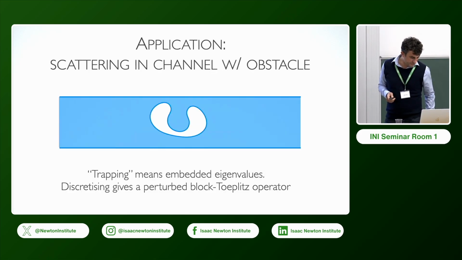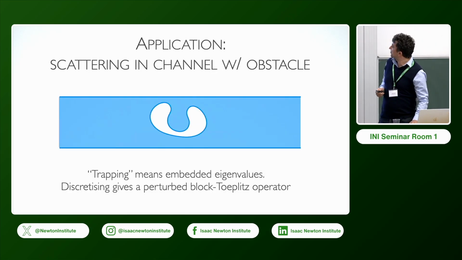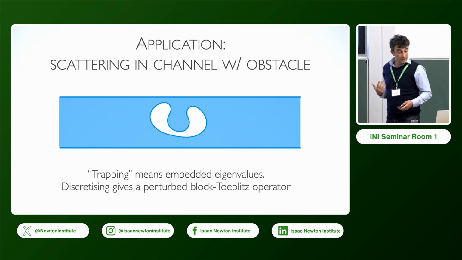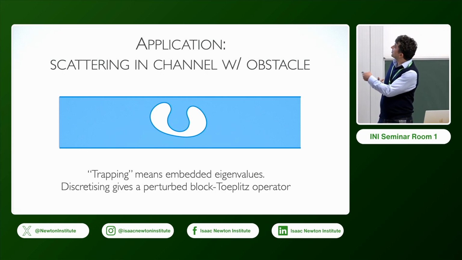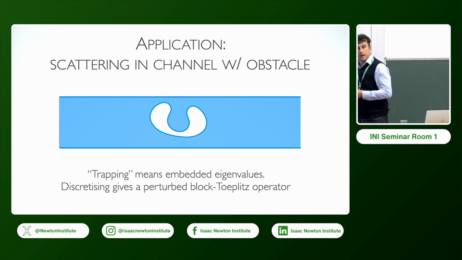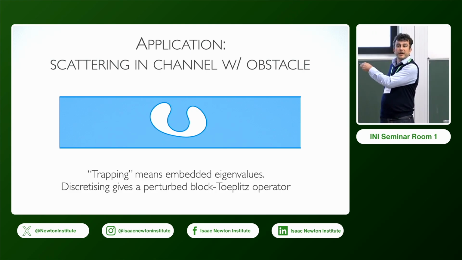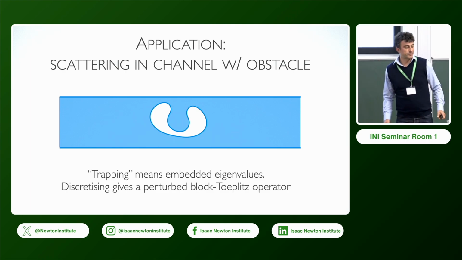Okay. For something a bit more real world and perhaps interesting to the Wiener-Hopf experts in the audience, you can have this sort of phenomenon of embedded eigenvalues if you, say, have a Laplacian in a channel with an obstacle, where you can have sort of trapped modes, eigenfunctions that live here whose eigenvalue is inside the continuous spectrum.